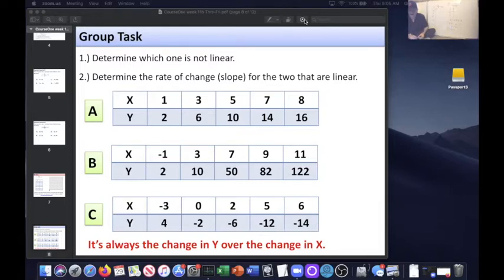Okay. So let me go ahead and call on a random person. Okay, let's see. Jared, what do you think here? Can you pick at least one that came from a linear process, Jared?